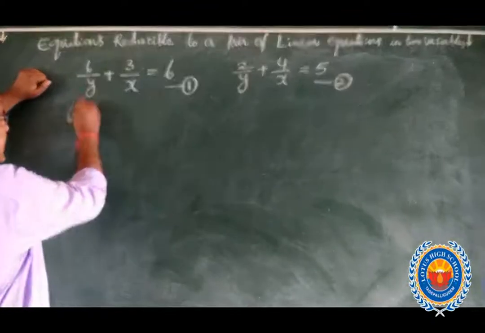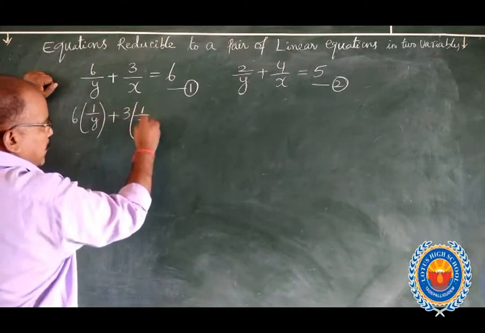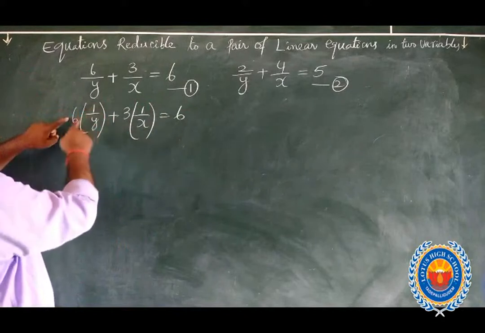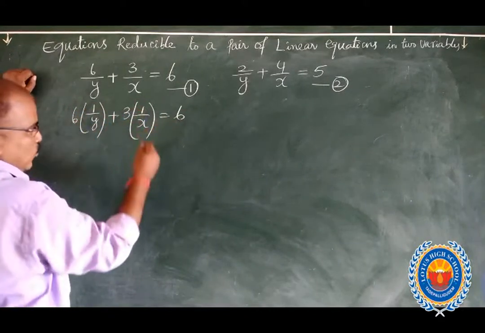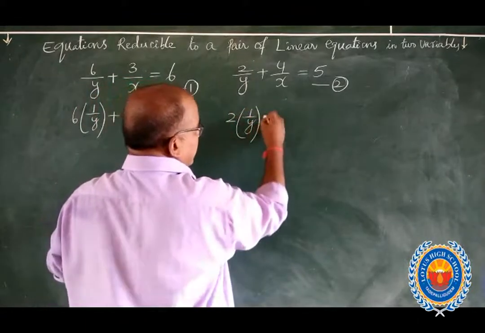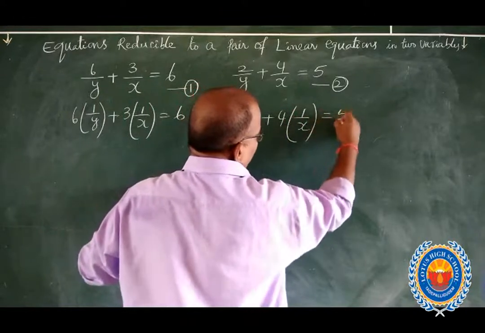Here, 6 into 1 by y plus 3 into 1 by x is equal to 6, and 2 into 1 by y plus 4 into 1 by x is equal to 5.